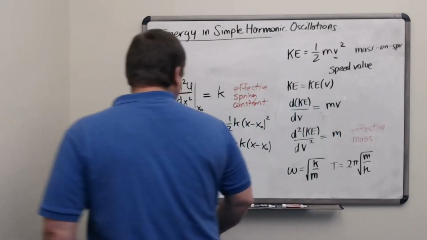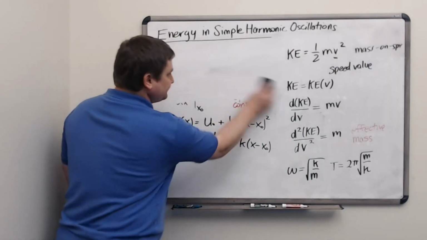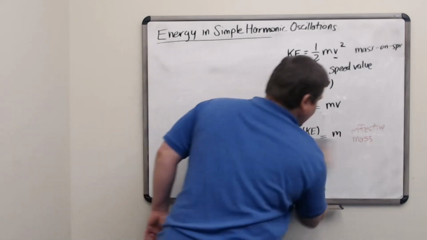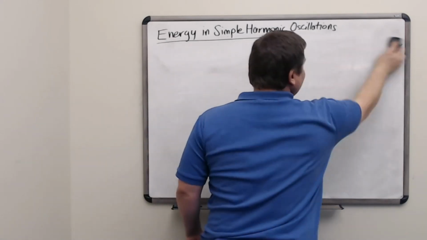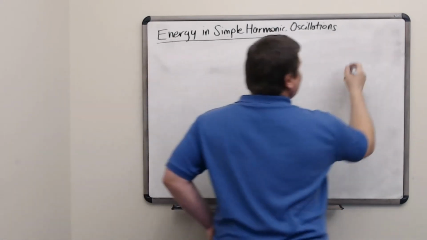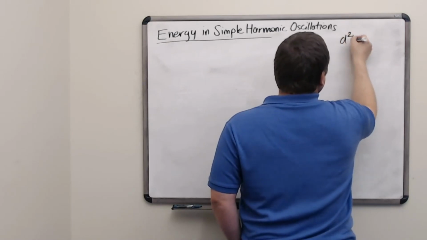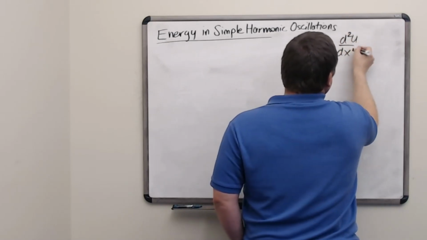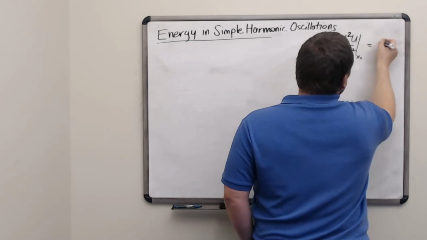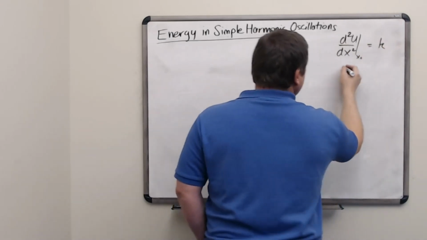Let's see how this works out in practice with some systems that are not simple mass on spring. I'll write the definitions of the effective quantities up here on the top right.